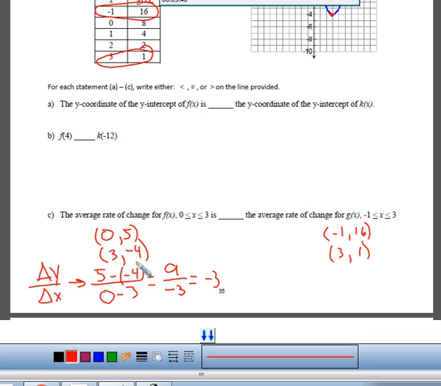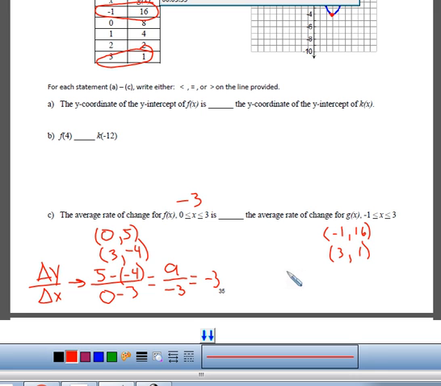If I switch these around and did negative 4 minus 5, I get negative 9 over 3 minus 0, which is positive 3, and negative 9 over positive 3 is negative 3. Either way, you're going to get an average rate of change of negative 3. Just make sure you're consistent.